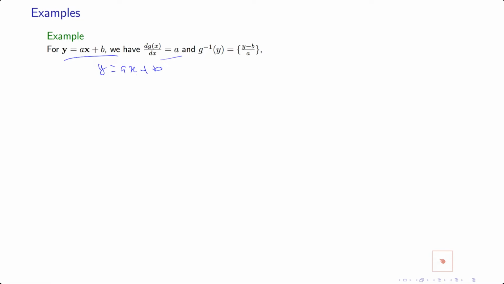And if you want to solve this one, you get x equal to y minus b divided by a, because if you subtract b from this equation, you get y minus b, and then you can divide it by a, provided that a is not 0. If a is 0, then this solution is not true. So if a is 0, then y equal b is your only solution.